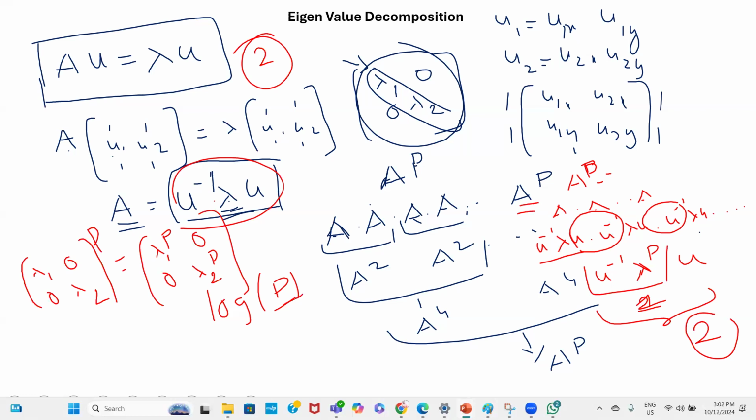As p is increasing, let's suppose p is 10,000, how many calculations do we need? Log of p means how many calculations do we need? This is log to the base e. So what is log 10,000?